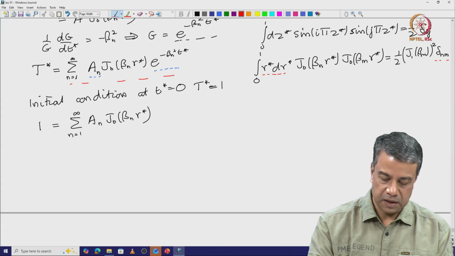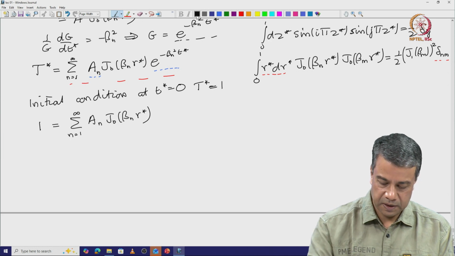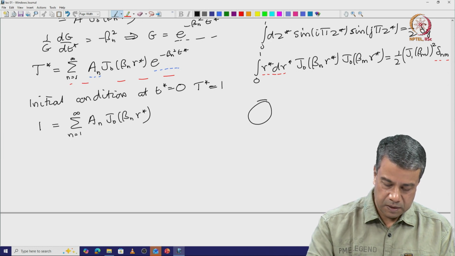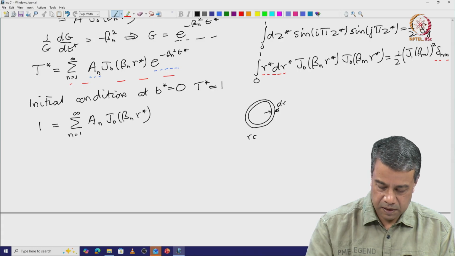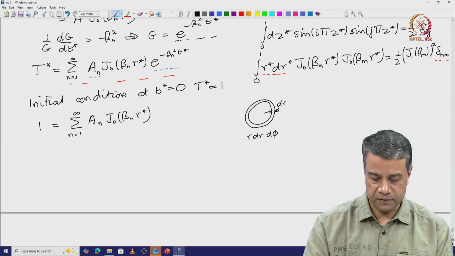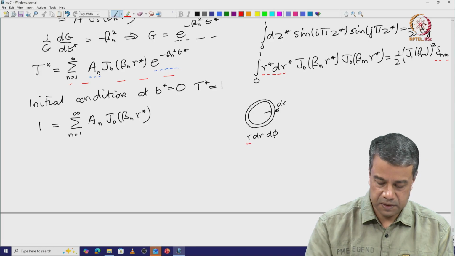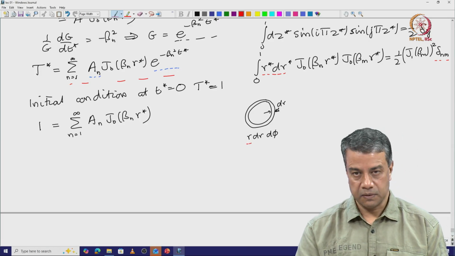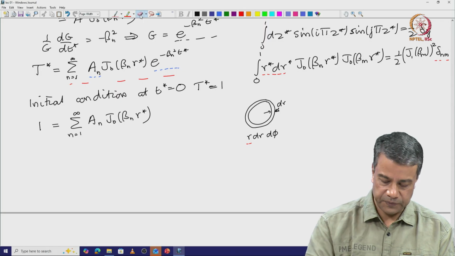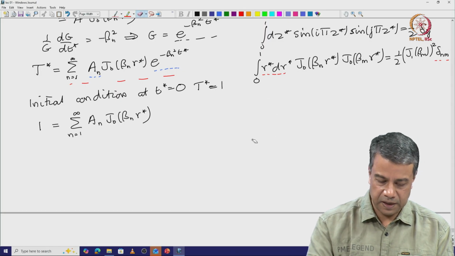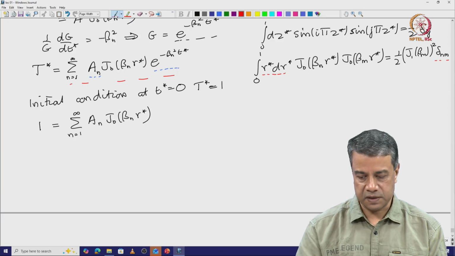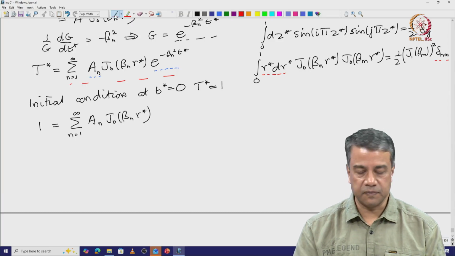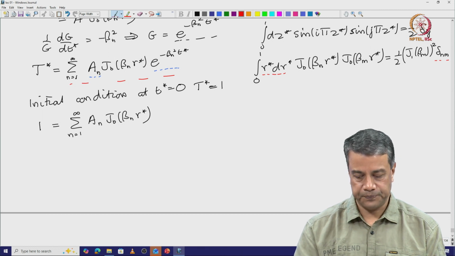So, we have this factor of r here, which was the scale factor that we had discussed when we discussed the spherical coordinate system. Therefore, this is the weighting function in this coordinate system, r star dr star times the Bessel function, and that is equal to half J1 of beta m the whole square times delta nm.